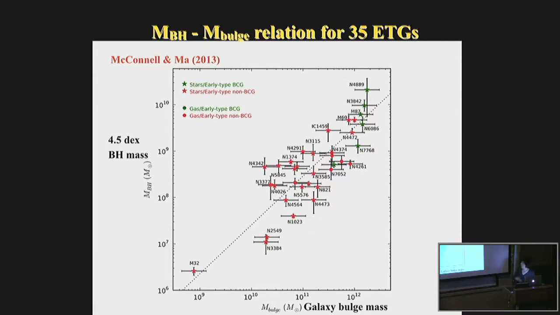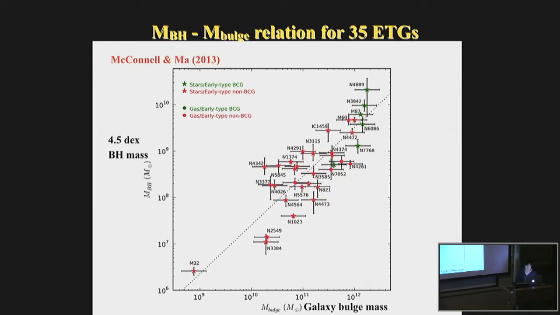The other well-known correlation is between the black hole mass, so the y-axis is the same as the previous plot, and the stellar bulge mass of the host galaxy. And here we're only plotting the early types because we don't want to bother with the disk-bulge decomposition, which is very tricky, and typically people only plot the early types here.